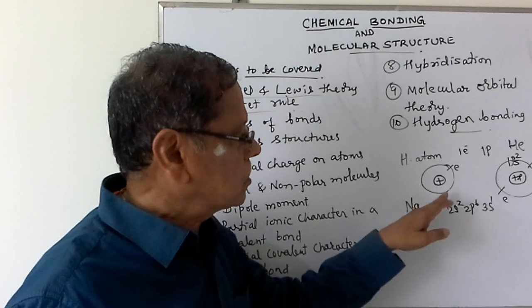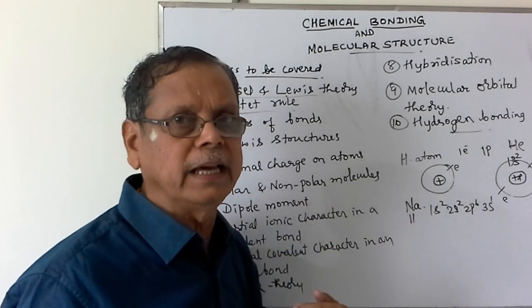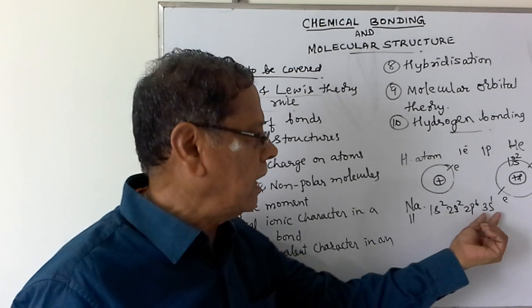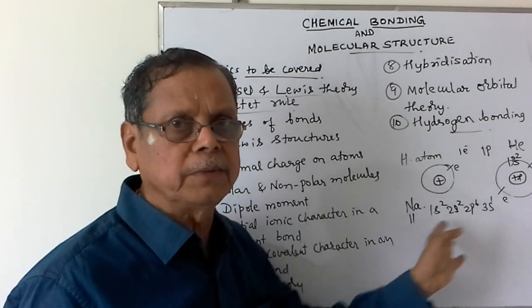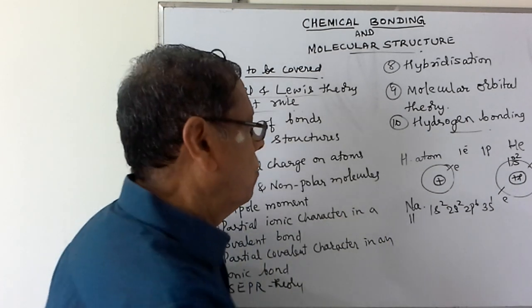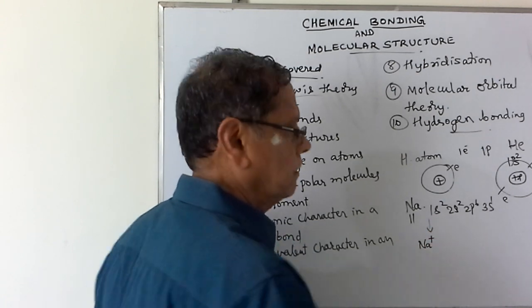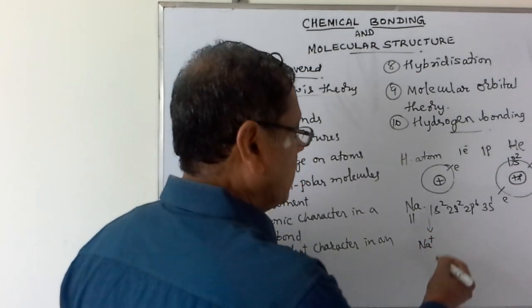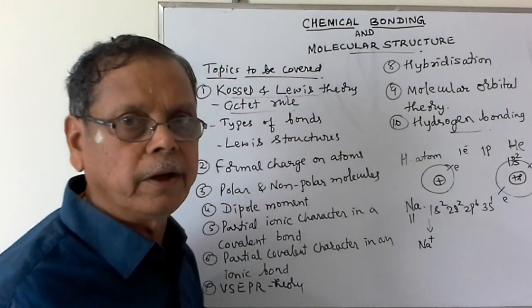That's why sodium will try to lose the electron easily rather than gaining an electron, because the electron is present in the third orbit. So once it loses the electron, it will become positively charged sodium. This electron is taken up by another element, which gives rise to the negative ion.